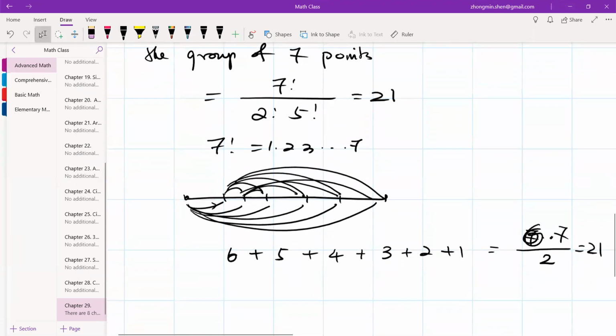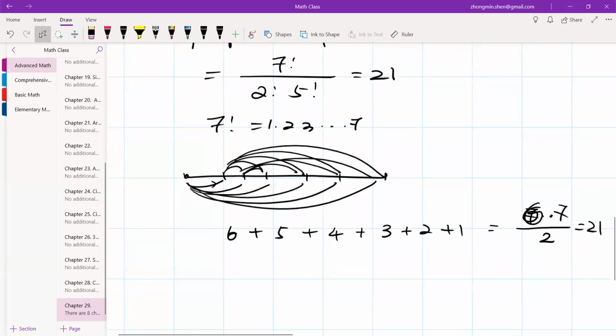It's a different way, but you can only do that when you have a very small number of points. Otherwise you use a formula.